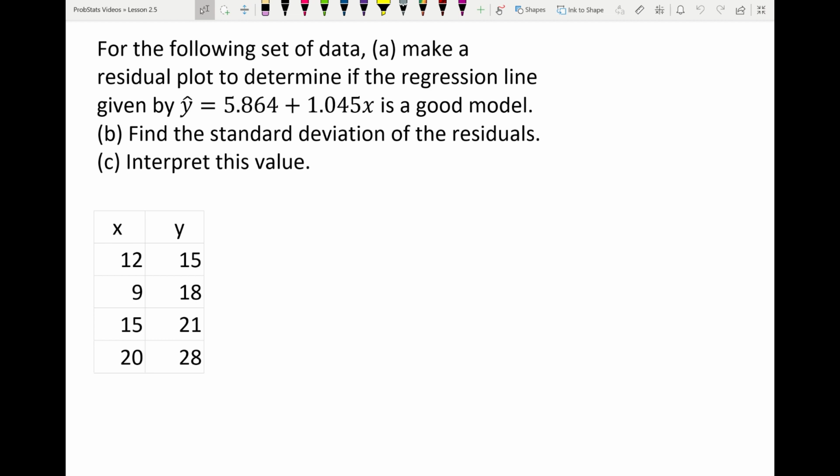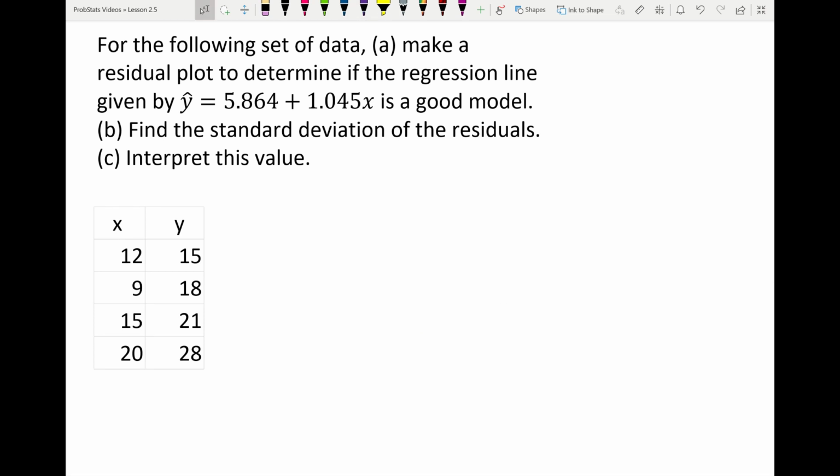So in this case, we have on the y-axis our residuals. So we need to actually calculate our residuals first. So let's go ahead and do that first. In order to do that, we need to calculate our y-hat.